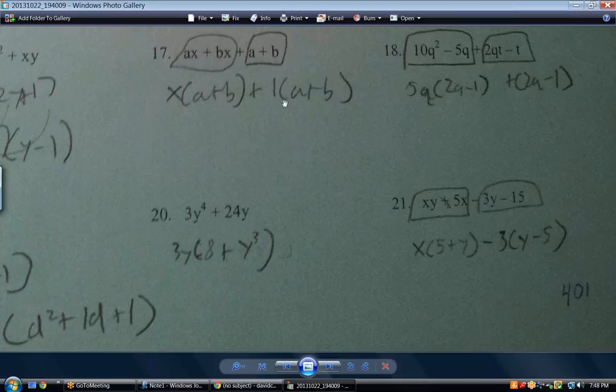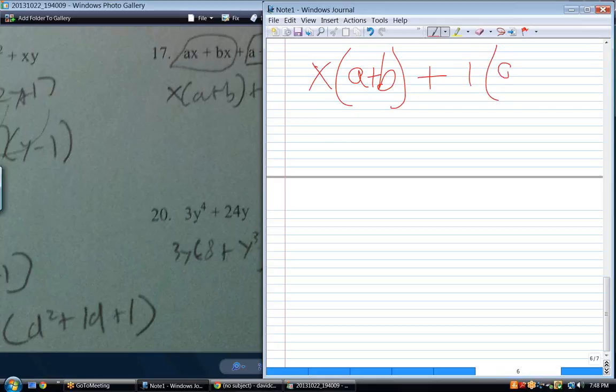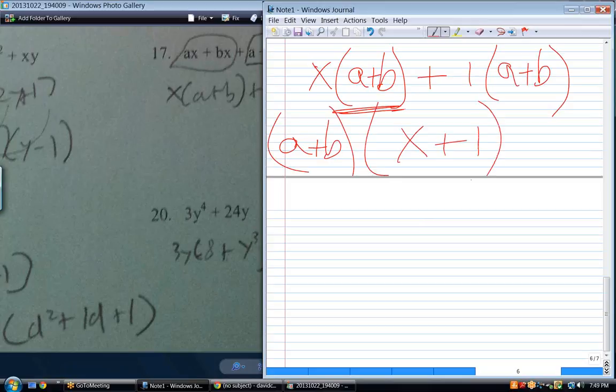And then we do something quite unusual that you're probably not used to doing, which is factoring out a binomial. In other words, when I have this expression, I can factor out that binomial. So I end up with a plus b times x plus 1.